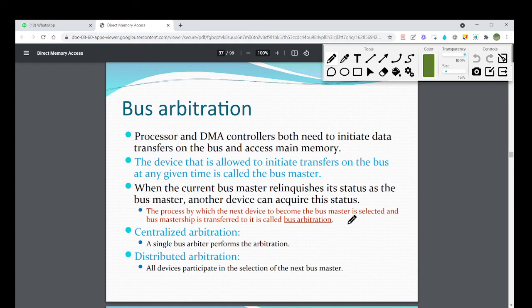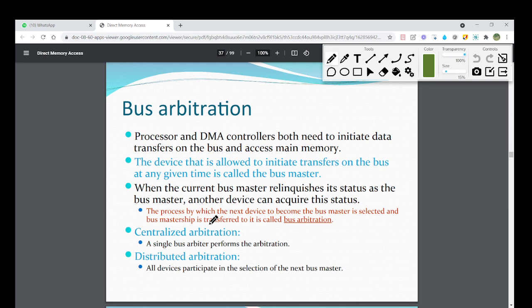Who becomes the bus master is selected by particular hardware, and that is taken care of by bus arbitration. So bus arbitration is the process by which the next device to become the bus master is selected and bus mastership is transferred. So we are selecting as well as transferring it, and this process is called bus arbitration.